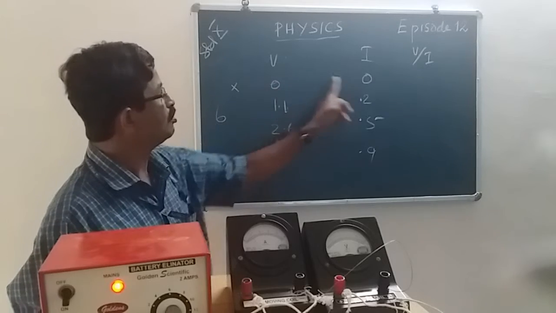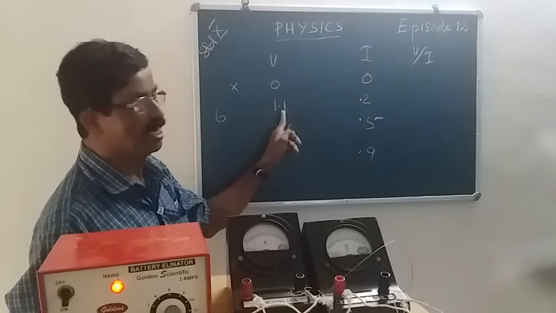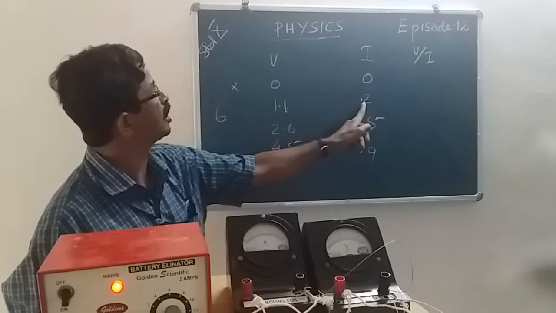Applied potential 0, current is 0. When the potential is 1.1, the current is 0.2.